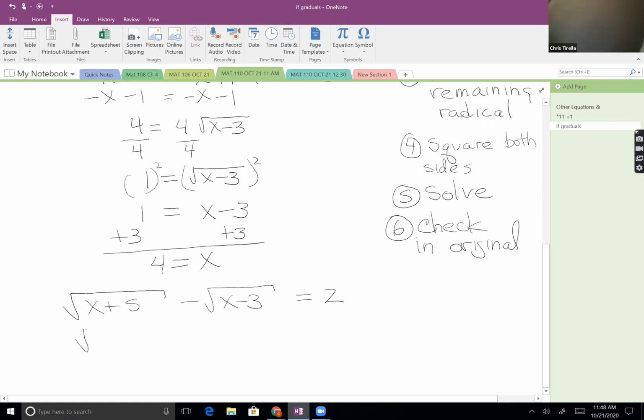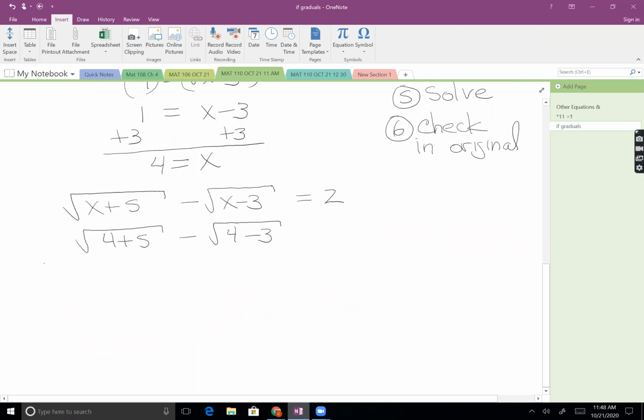So the square root of, we said x is 4, plus 5, minus the square root of, again, x is 4, minus 3. What does that give us? That gives us the square root of 9 minus the square root of 1. 3 minus 1 equals 2. Yay, we did it.